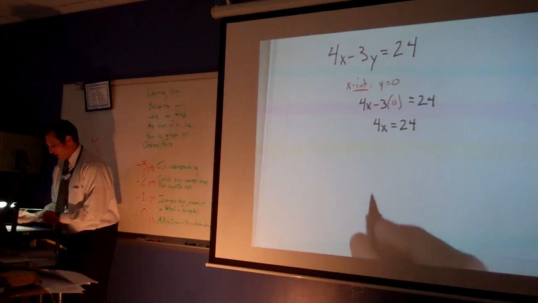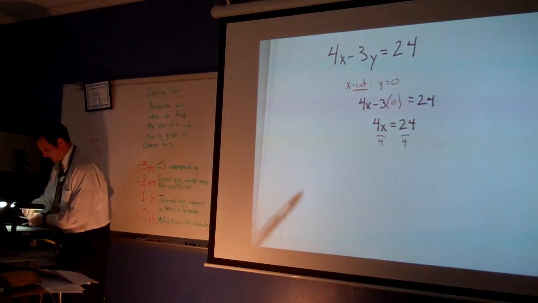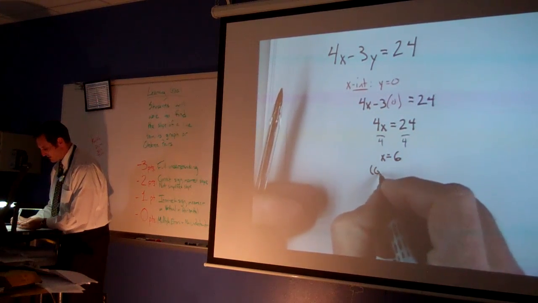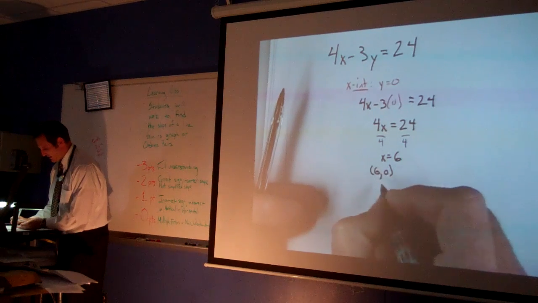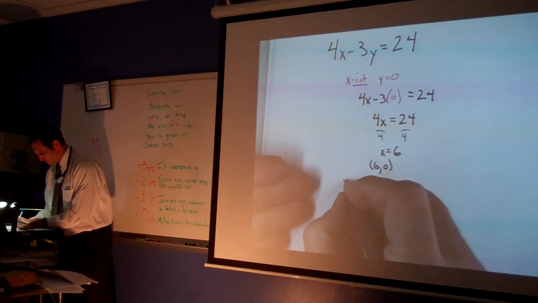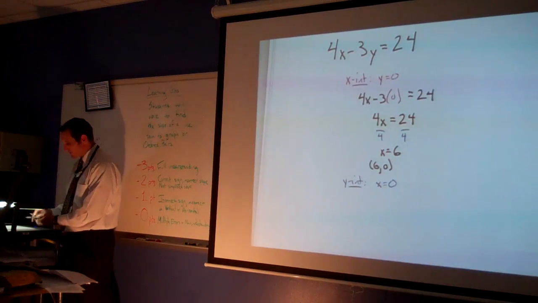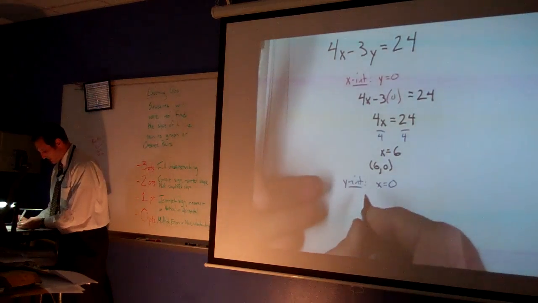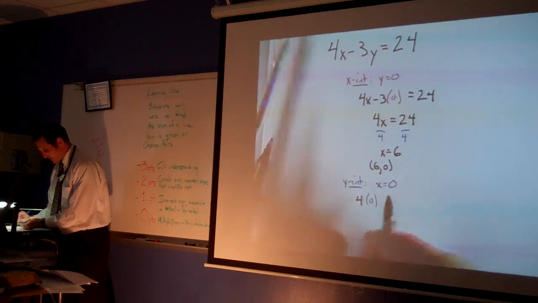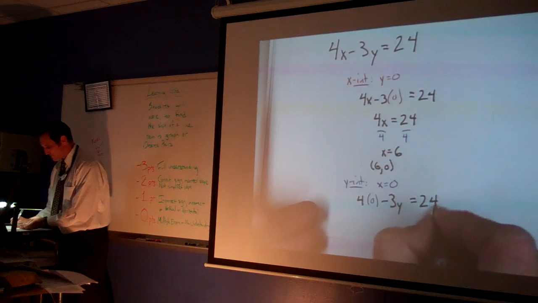So you can do a little shortcut with this. Now we can divide both sides by 4. X equals 6. So the ordered pair, 6, 0, is our x-intercept. For the y-intercept, remembering that the y-intercept by definition is when x equals 0, we're going to substitute 0 for x. 4 times 0 minus 3y equals 24.